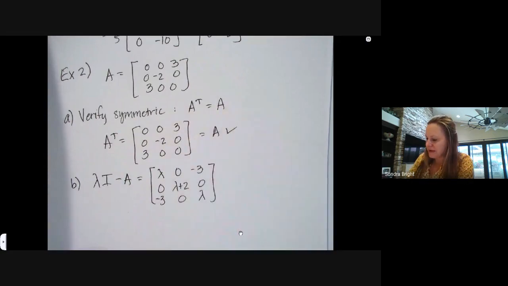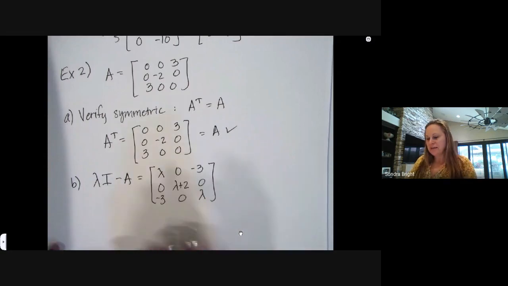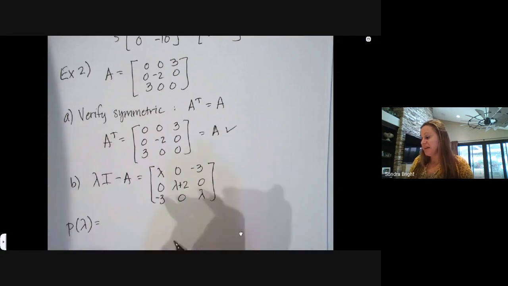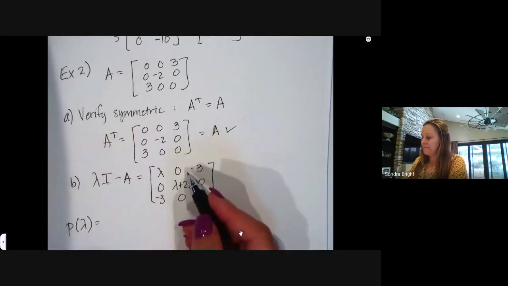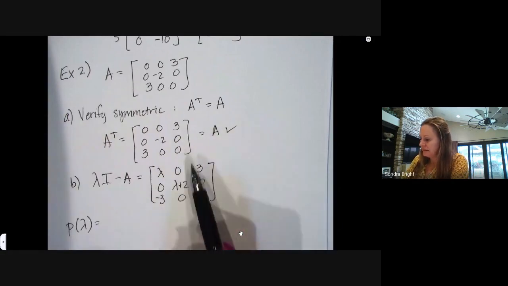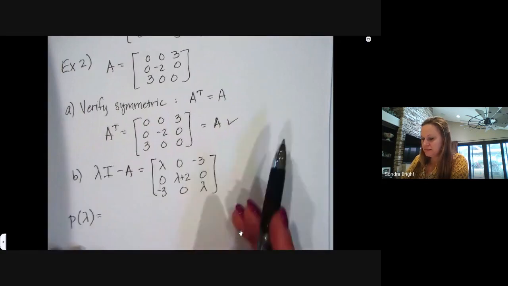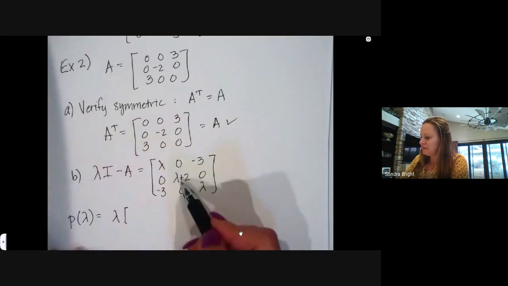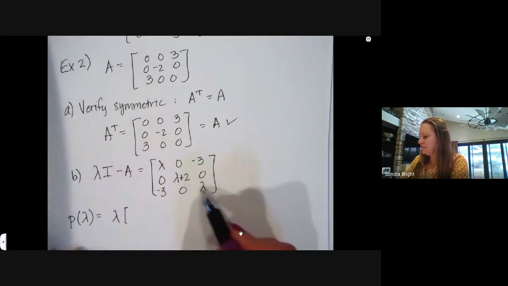And then remember that your characteristic polynomial is what you need to find, and that's the determinant of this guy. We got this 0, so that's nice. So I'll take lambda times lambda plus 2 times lambda minus 0.